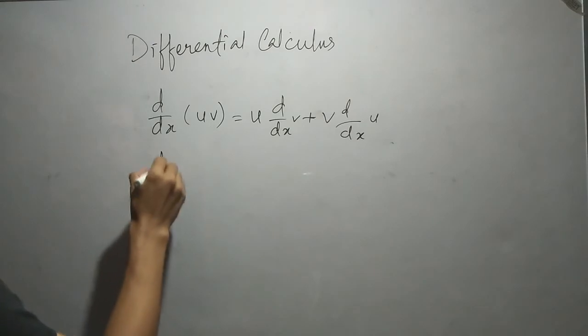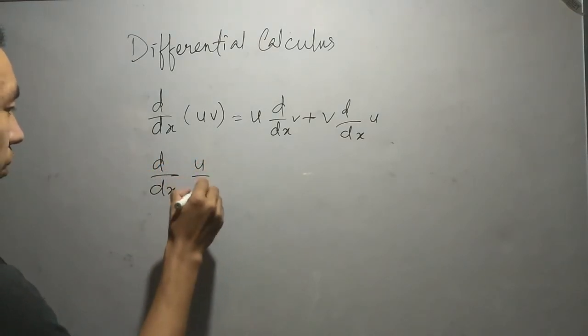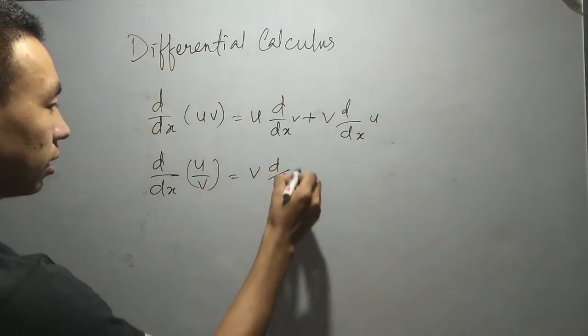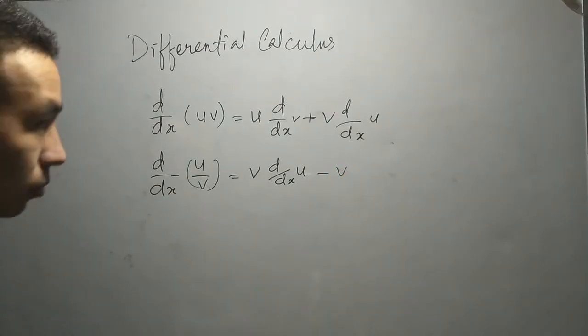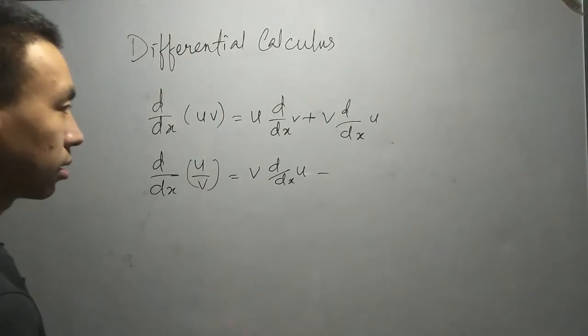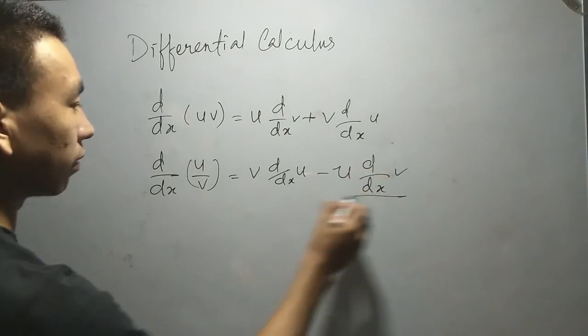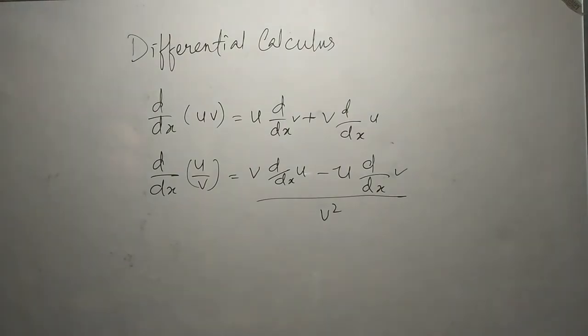The other formula is of the quotient u by v: d by dx of u by v equals v d by dx of u minus u d by dx of v, divided by v squared. So these are some of the basic things that you have to know.